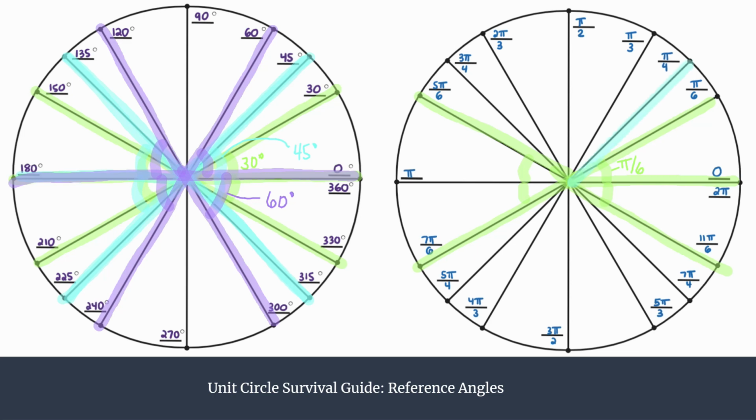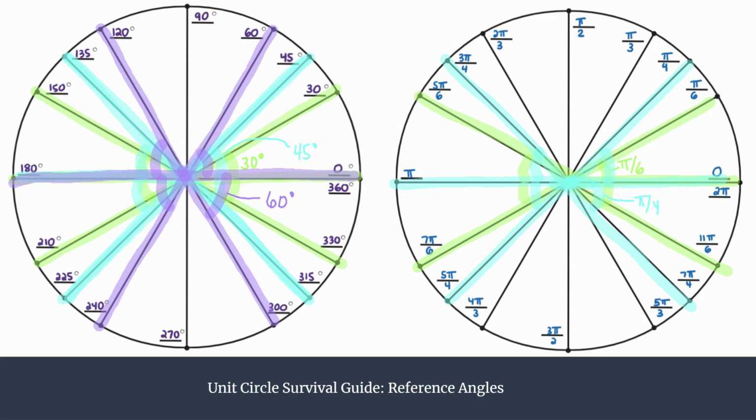Starting with pi over 4, to get back to the x-axis, we have pi over 4 radians of rotation needed. Same thing for 5 pi over 4, 3 pi over 4, and 7 pi over 4. All of those have a reference angle of pi over 4.